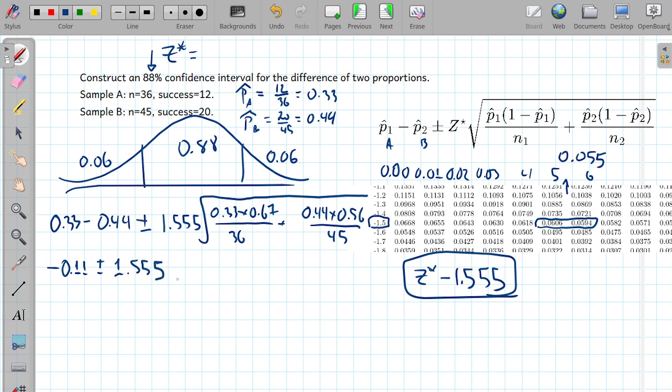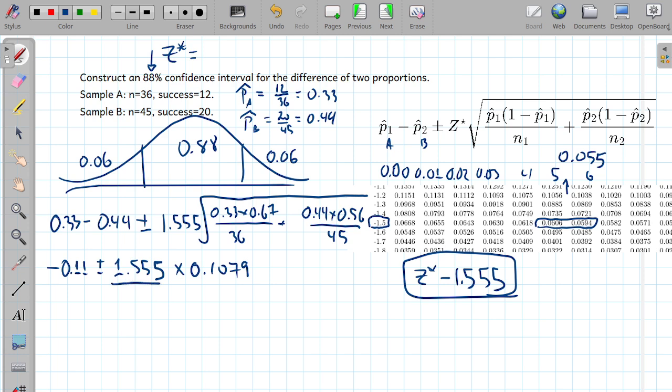And then we have 1.555. And calculator work, let's see what we got. 0.33 times 0.67 divided by 36, and then we're going to go plus 0.44 times 0.56 divided by 45. And the result is 0.1079. I'm going to round that, that's rounded from 78. There we go.